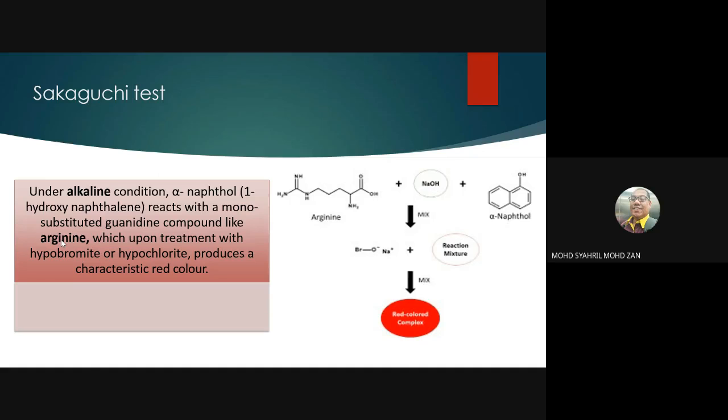How? We have arginine, this is an example of arginine. Then we put the sodium hydroxide. Why? Because we have to create the alkaline condition.